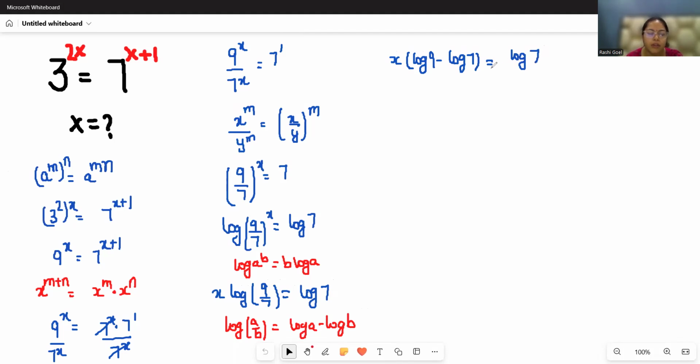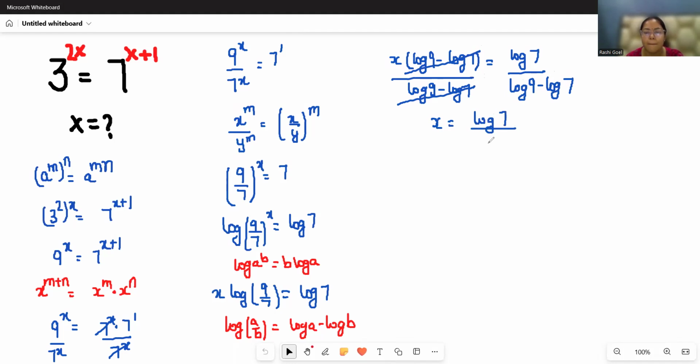Now next step, we divide both sides by log 9 minus log 7. So this will cancel out. So x equals log 7 by (log 9 minus log 7).